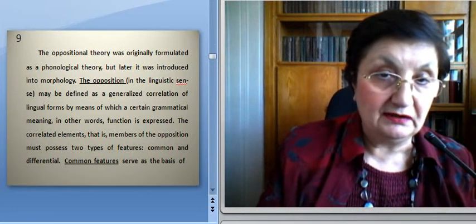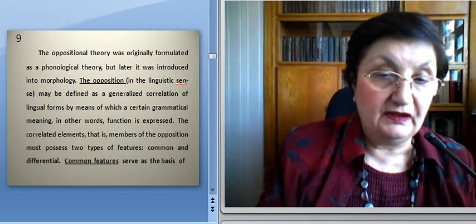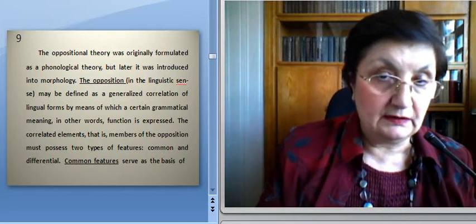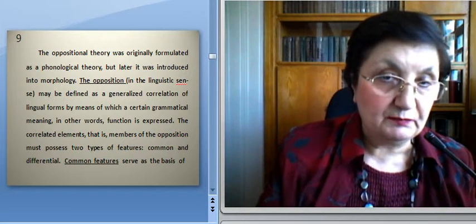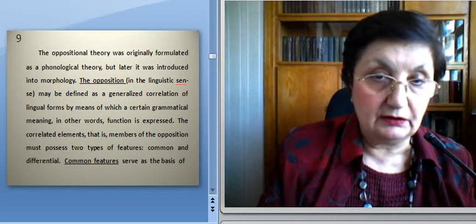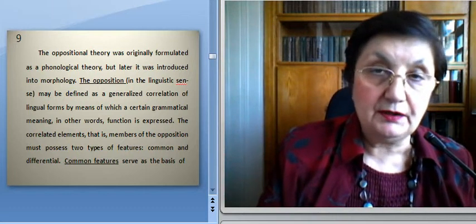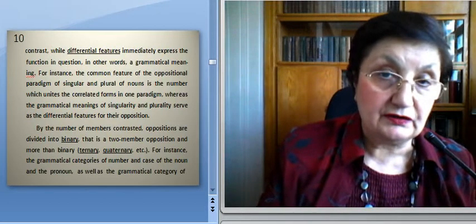The correlated elements, that's members of the opposition, must possess two types of features, common and differential. Common features serve as the basis of contrast, while differential features immediately express the function in question, in other words, a grammatical meaning.